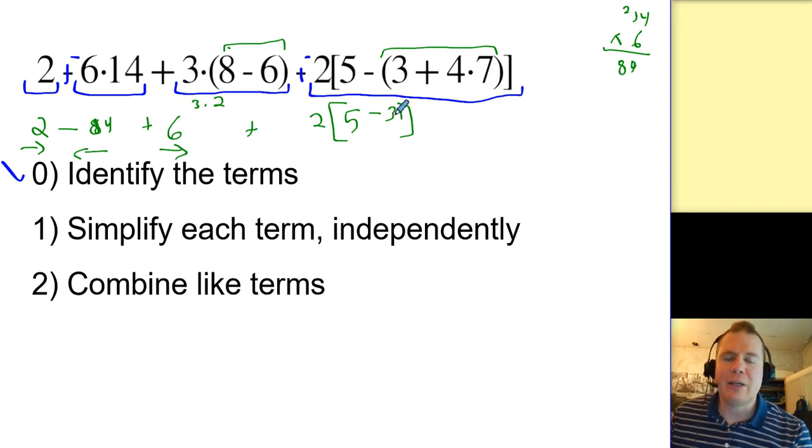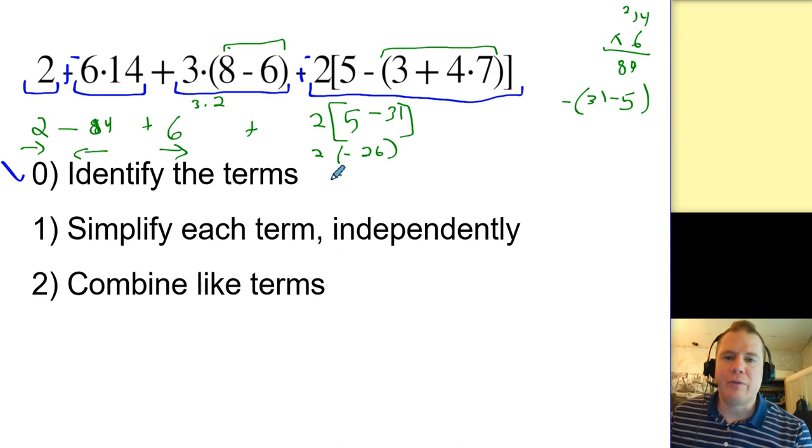Right, I've performed the operations inside the parentheses first. Now that has taken me to the brackets. I want to perform this operation of subtraction before I multiply. 5 minus 31, well that's really 31 minus 5, but the opposite of that. Right? So 31 minus 5, that's 26. So that's negative 26. So 2 times negative 26.